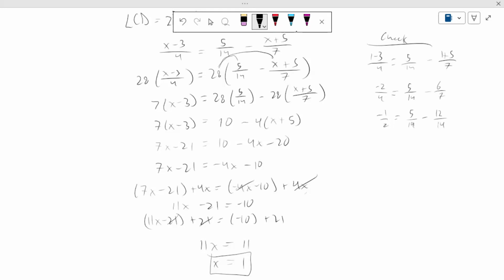Okay, so 12 over 14, same thing as 6/7. Now, I have negative 1/2 on the left-hand side. On the right-hand side, I have a common denominator, so I can just subtract the numerators. And now I have negative 1/2 is equal to negative 7 over 14, right? I can simplify that, and I get negative 1/2 equals negative 1/2, which is true.